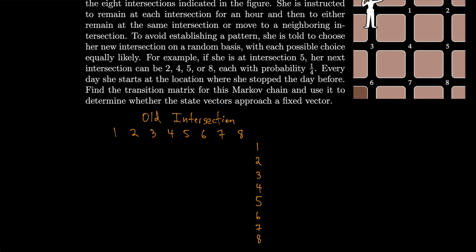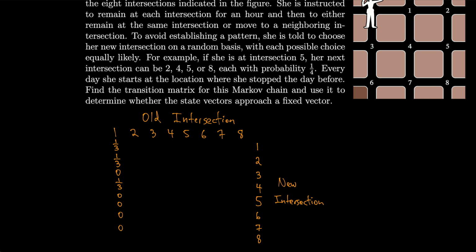So these are our new intersections. And let's see. We'll start with number 1. So if she starts at 1, she could move to 2 or to 4 or stay at 1. So there's only 3 possibilities, so each one has a 1/3 chance. The rest have probability 0. So there's 1/3 probability that she stays at 1. There's 1/3 that she moves on to 2. There's 0 probability she goes to 3. And there's 1/3 that she moves on to 4. And then 0 for the remaining probabilities.